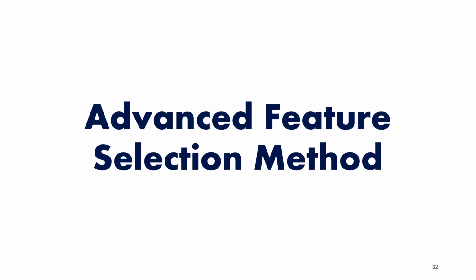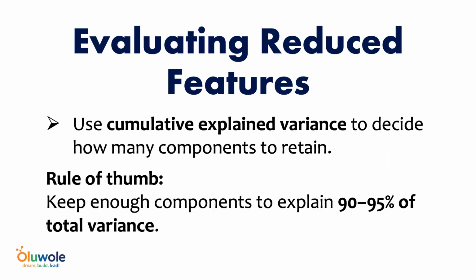Okay. Then we go to advanced feature selection methods. Why are we doing that? We want to evaluate our reduced features. So we need those things. Commonly, we use the cumulative explained variance to decide how many components to retain.